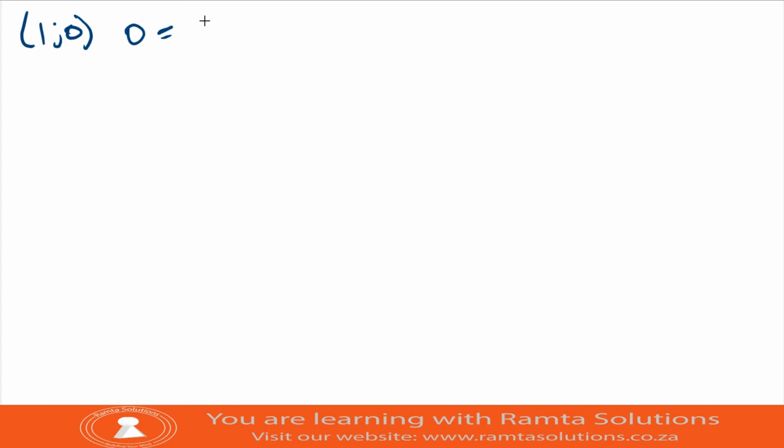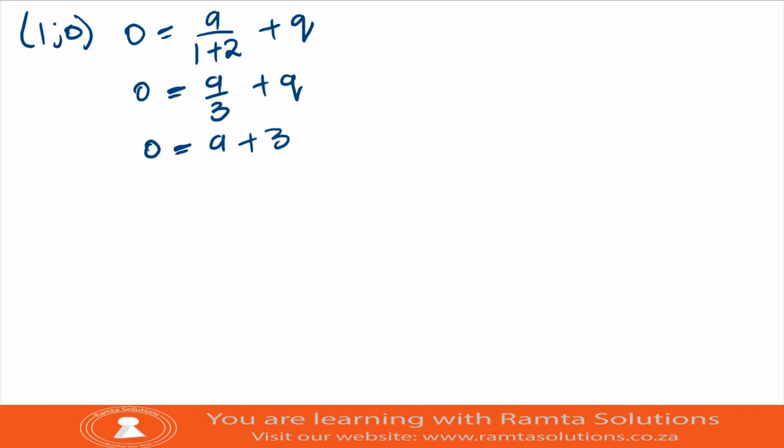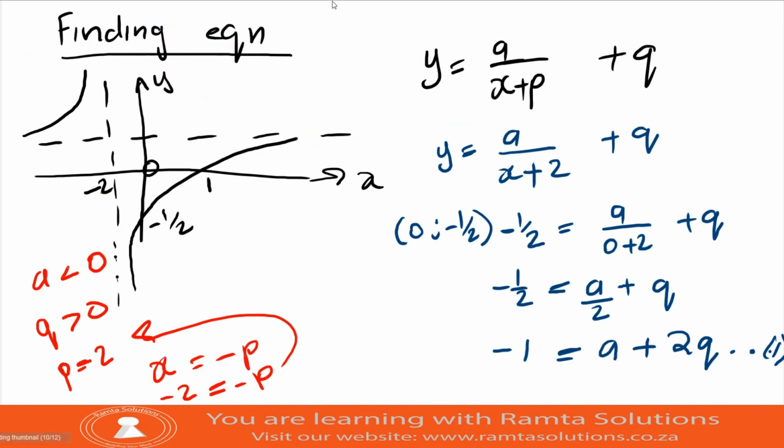So this is 0 equals a over 1 plus 2, plus q, which is a over 3 plus q. Multiplying by 3 throughout, we can say 0 equals a plus 3q. Let's call this equation 2. Let me remind myself what equation 1 was. Equation 1 was this.